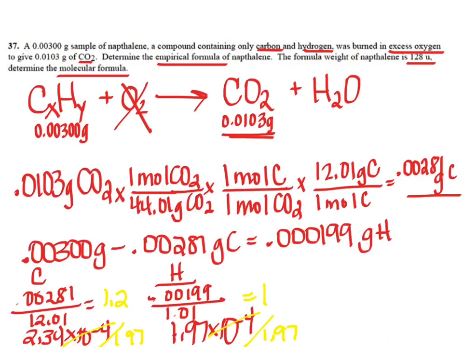So my formula is C 1.2 and H 1, but we can't have that. So we need to multiply everybody by 5. And what do we get? C6H5. I hope that works out because mine says I multiply everything by 4.